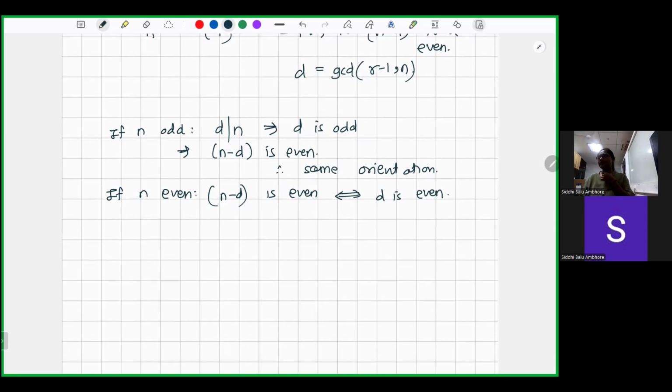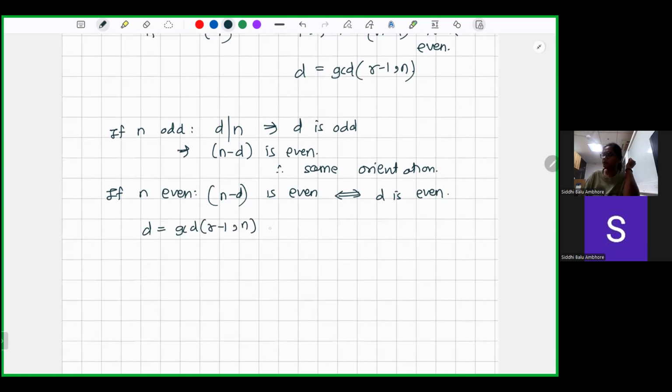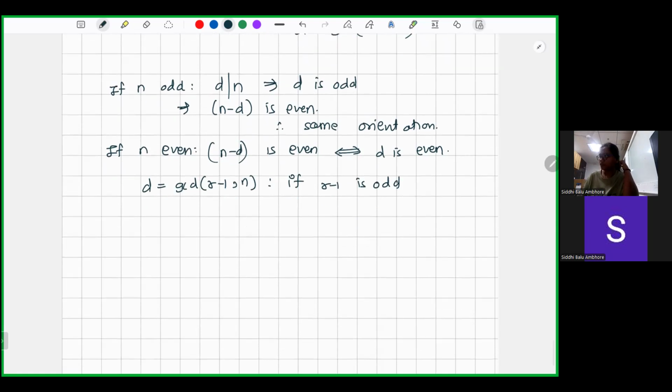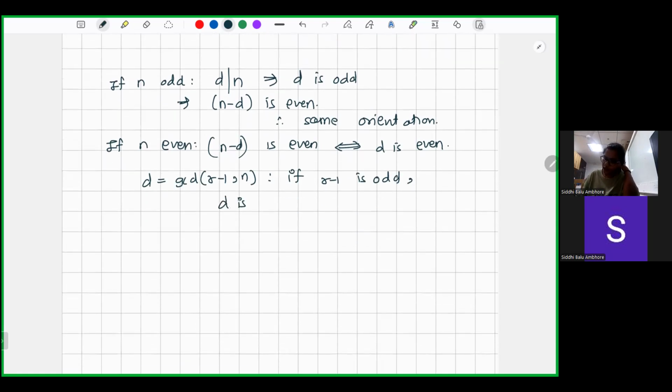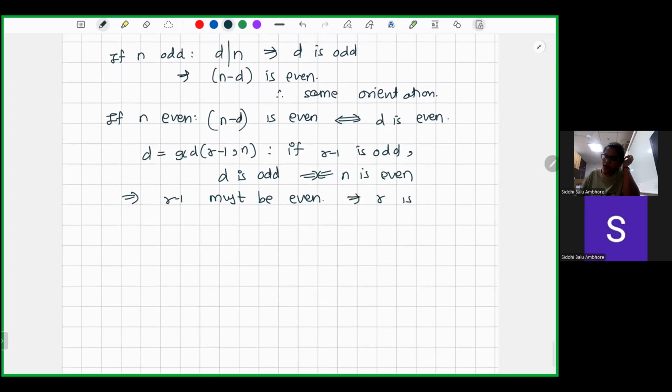This is basic. But d is the GCD of r minus 1 comma n, and if r minus 1 is odd, then d is odd, which contradicts n being even. So r minus 1 must be even, and this implies r is odd.